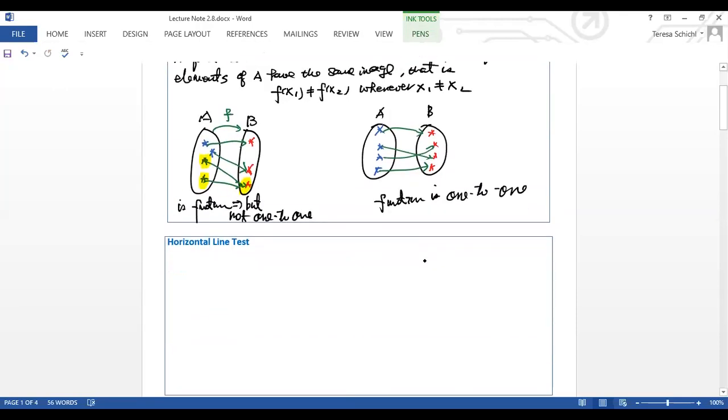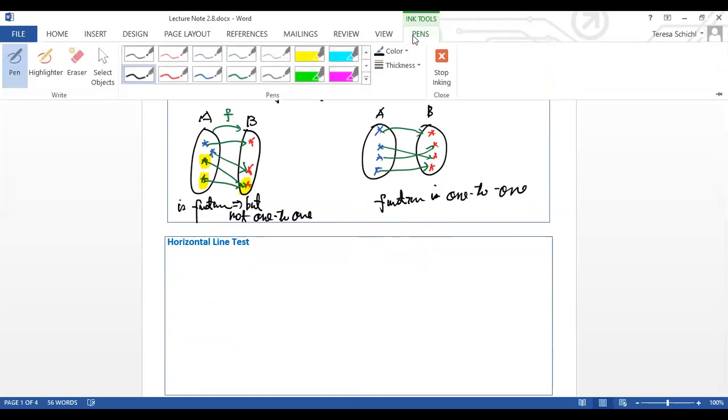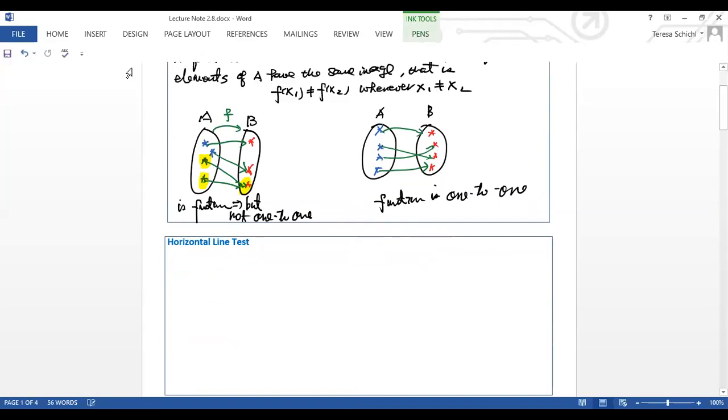So how do I check a one-to-one function? You can use the graph to check it, or you can use the algebraic relation to check it. Using the graph, we call this the horizontal line test. What is the horizontal line test?